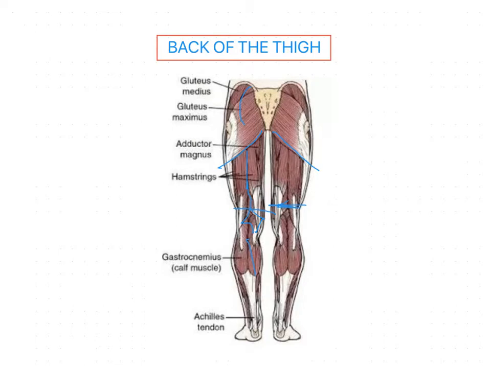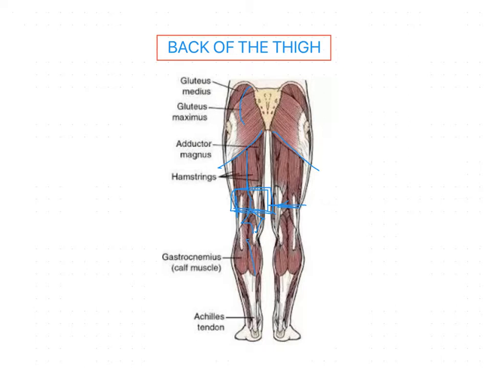Closer to the lower end of the posterior thigh, the fascia functions like a retinaculum, restraining the tendons of the hamstrings from falling off.